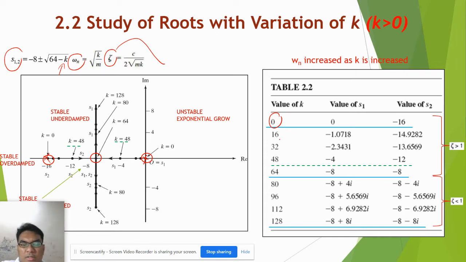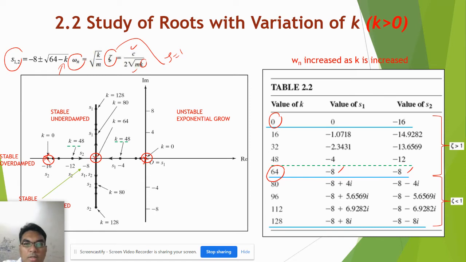Next, as usual, you can use damping ratio equal to 1 to determine the plot at the critically damped. Given the values of C and M, you can determine the value of K. From this, you get K equal to 64, where the roots are minus 8 and minus 8. So it will be at this location.